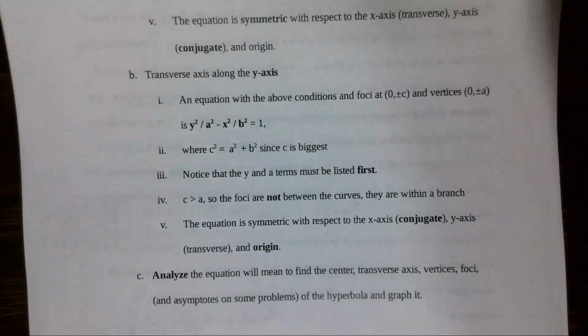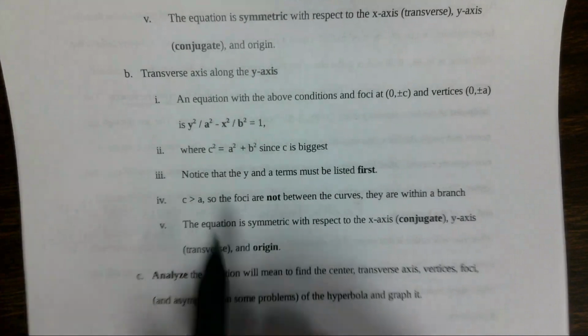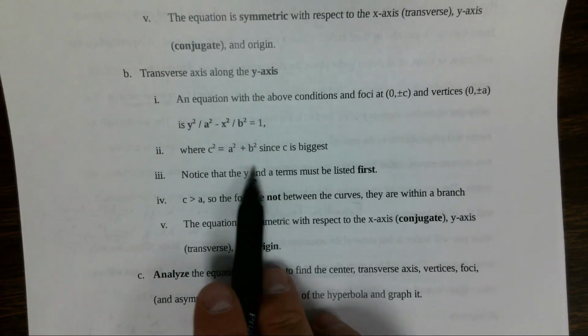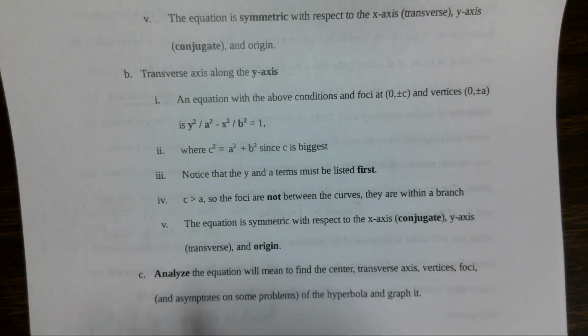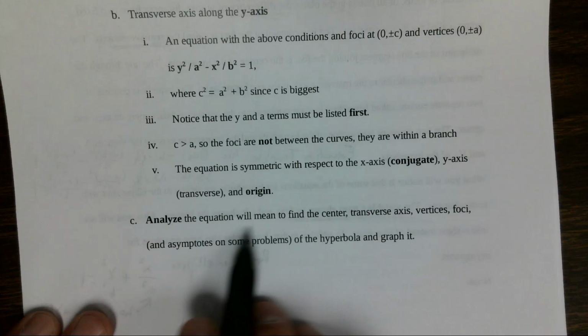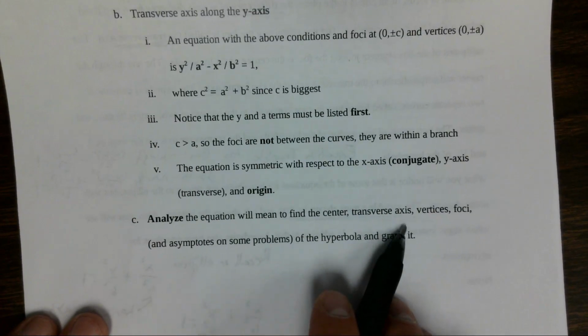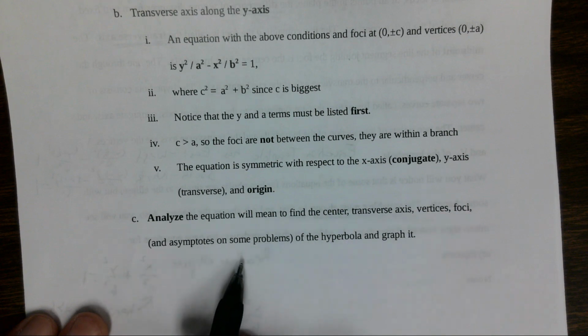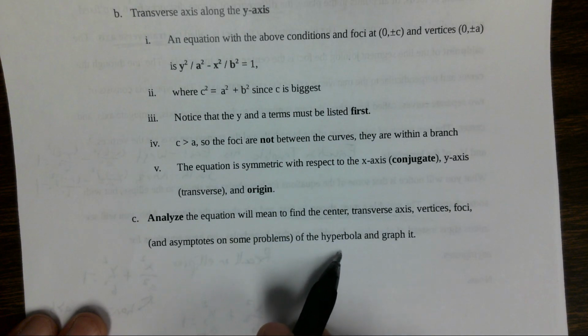Now, when it's vertical, it has these formulas. y and a must be listed first, and so forth. Analyze means find the center, the transverse axis, the vertices, the foci, and asymptotes on some problems of the hyperbola and graph it.